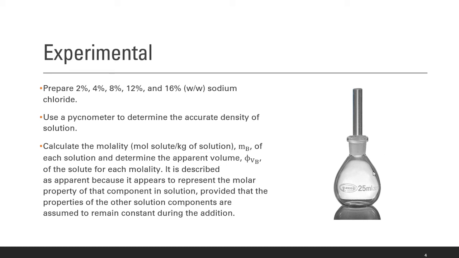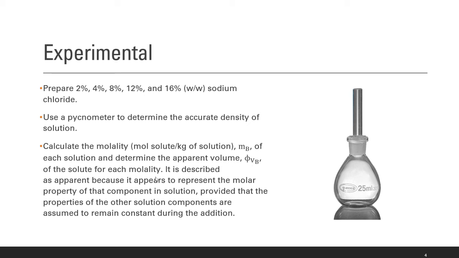is calculated, is determined, then you can use that to find the density for this sodium chloride solution once you have measured the mass and so on. Now when that is done, you will use those values to calculate the molality, which is moles of solute against the mass of the solvent, symbolized by small m subscript b, of each solution, and determine the apparent volume of the solute for each molality.